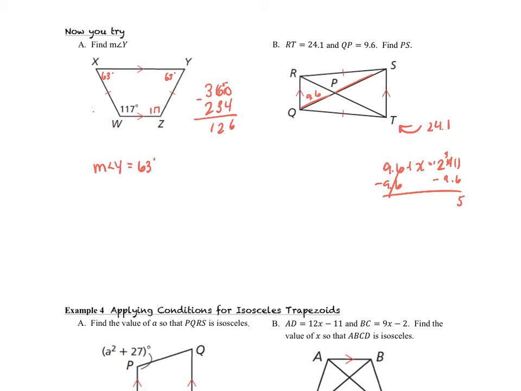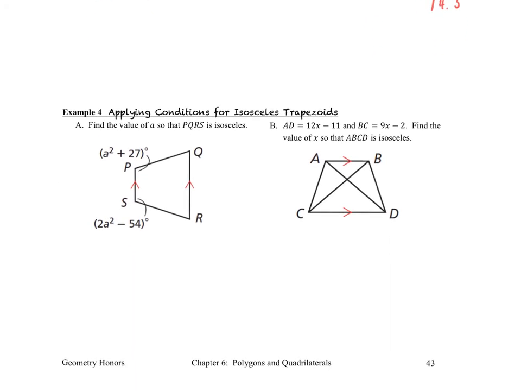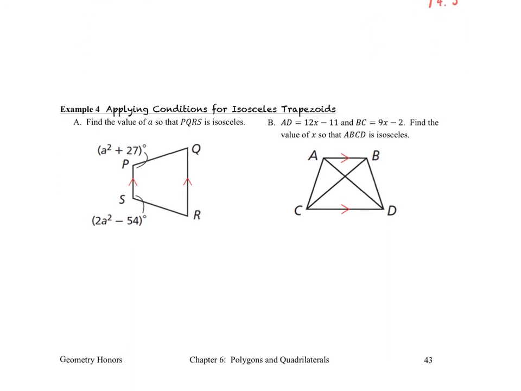That's a 9.6. Just kidding. I better double check that math. 24.1 minus 9.6 is 14.5. I missed the 1. Good thing I checked. 14.5. That makes more sense.